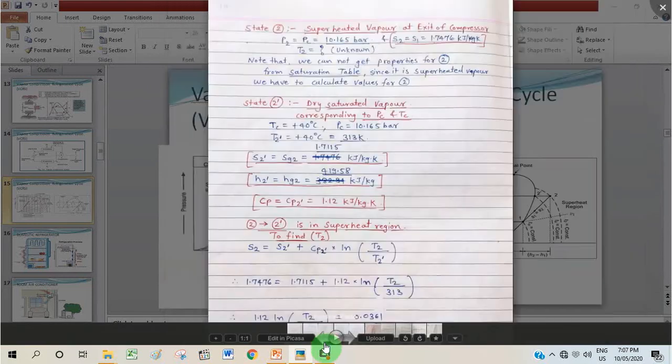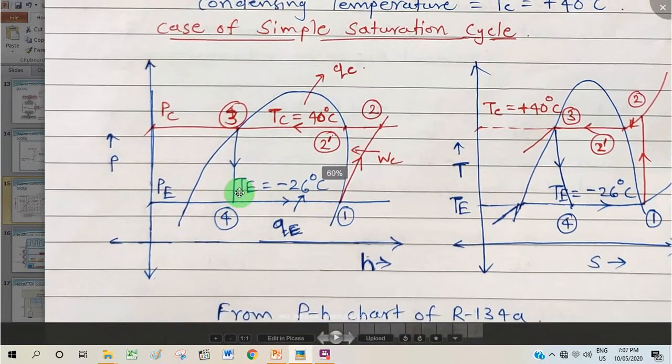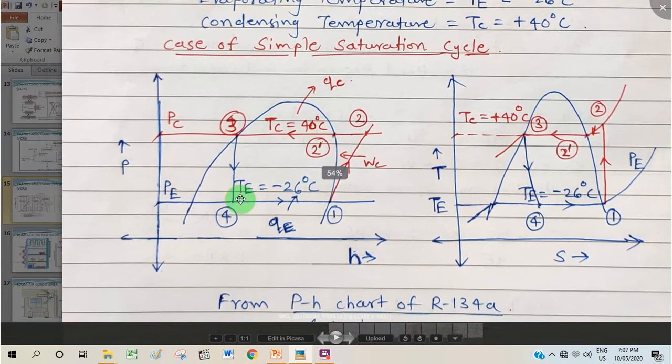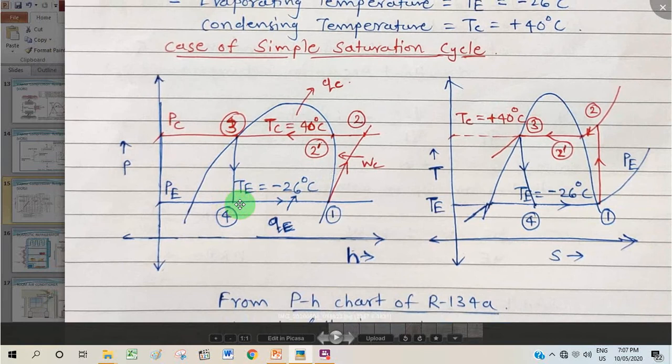Then state 4, look at this figure again. State 4 is in the liquid and vapor mixture region, and it will have a dryness fraction X4 at this point. Due to isenthalpic expansion, H3 will be equal to H4, so the enthalpy value is the same. Now as a matter of interest, we will try to find out the value of dryness fraction at this point, that is X4, by using the saturation values.